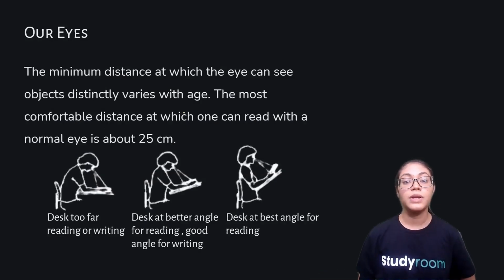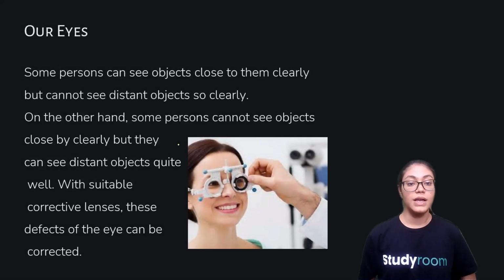Now, the minimum distance at which the eye can see objects distinctly varies with age. The most comfortable distance at which one can read with a normal eye is 25 centimeters. Some persons can see objects close to them clearly but cannot see distant objects so clearly.